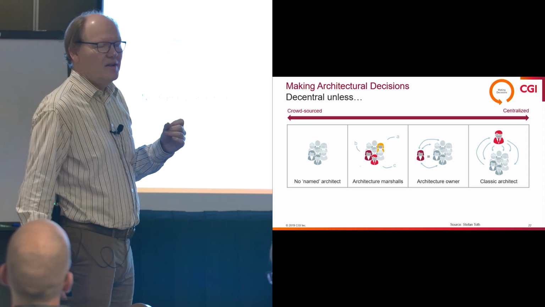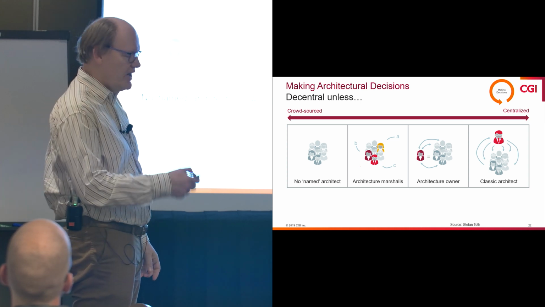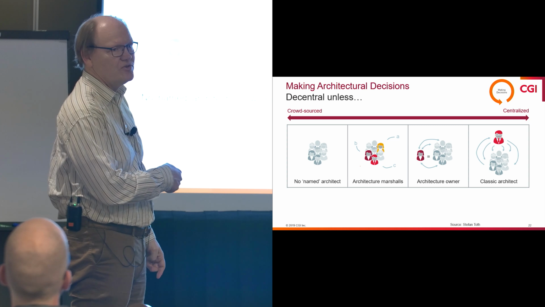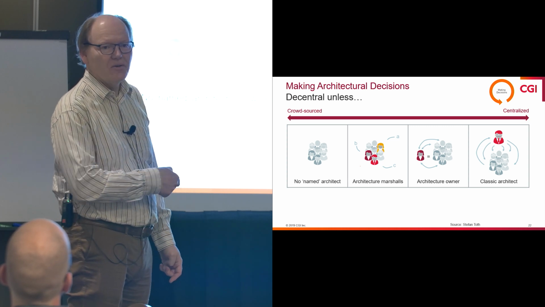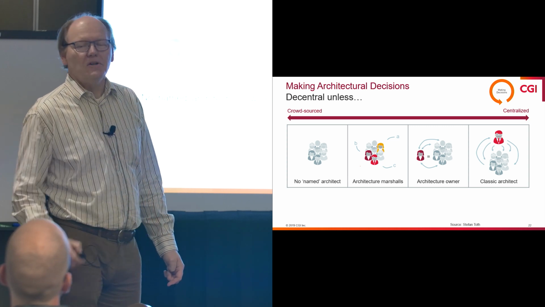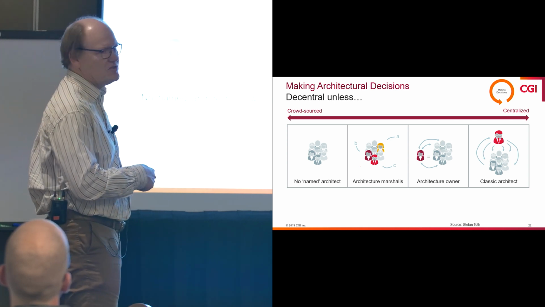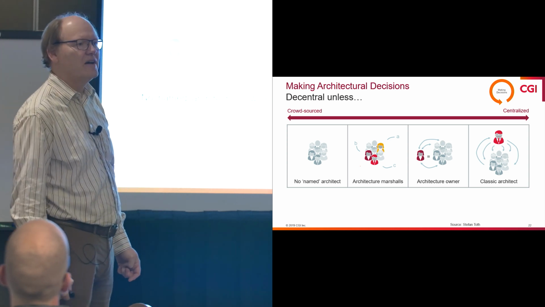Well, the level of maturity does not depend on where you are on the spectrum. It's not true that, for example, fully crowdsourced is more mature than fully centralized or the other way around. No, a mature organization actually consciously considers these models and chooses the right one.